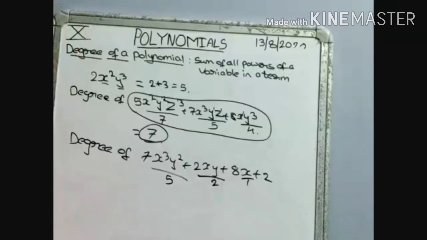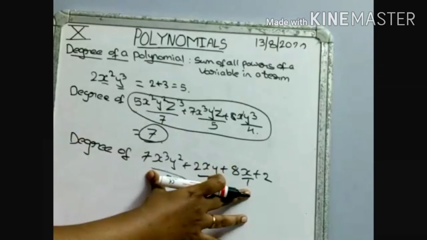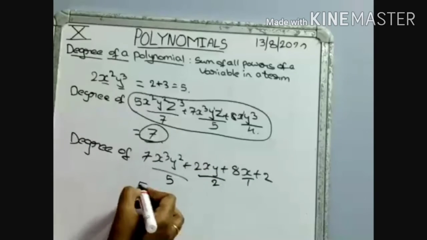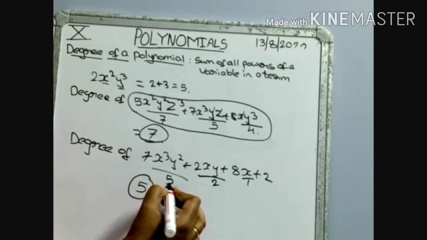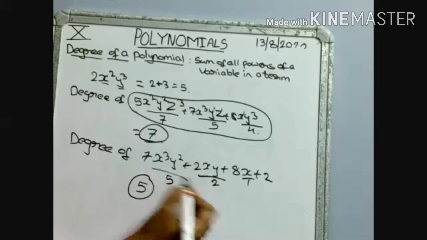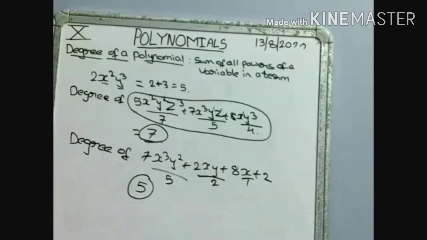Here 1. So what is the degree of this full expression? That is 5, because 5 is greater than 2 and 1. So we will take degree as 5. So for degree, among the given terms, the biggest number is called the degree of the given polynomial.